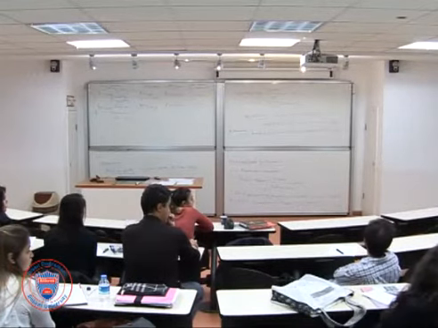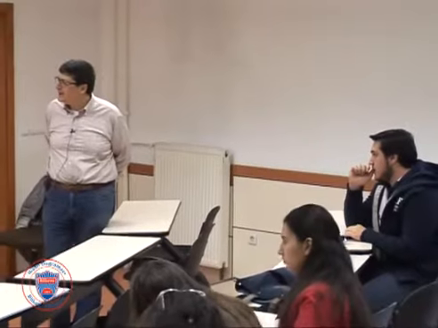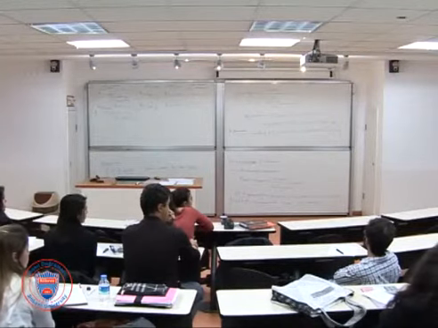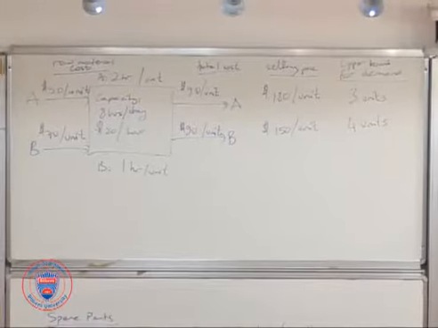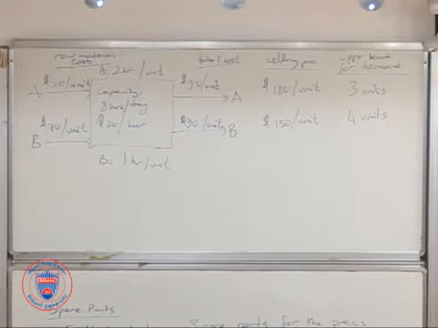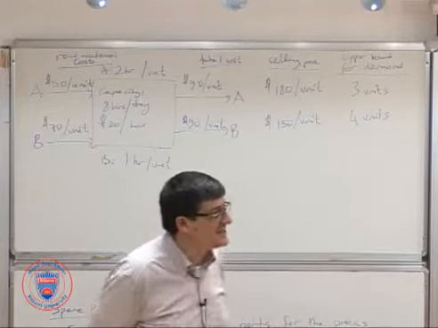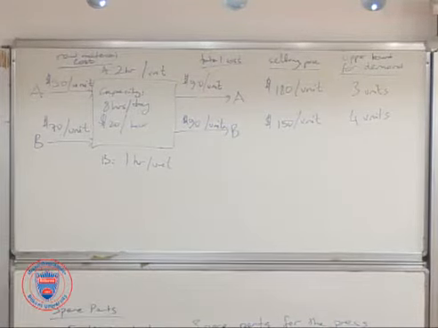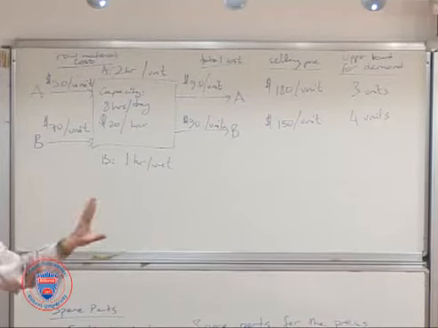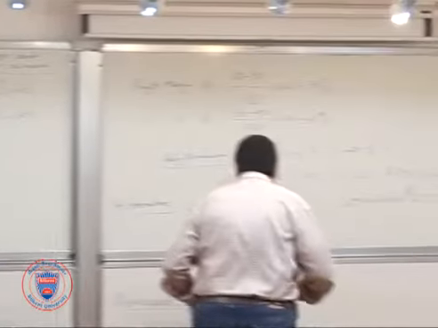Okay, if you only produce 8 units of B, but you can only sell 4 of them, then 8 units of B is not allowed. So for this problem, these are the 2 choices that we have for the numbers that are given. Anyway, that's beyond what I want to do.